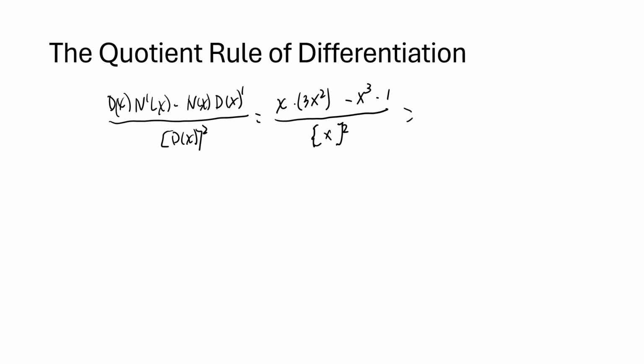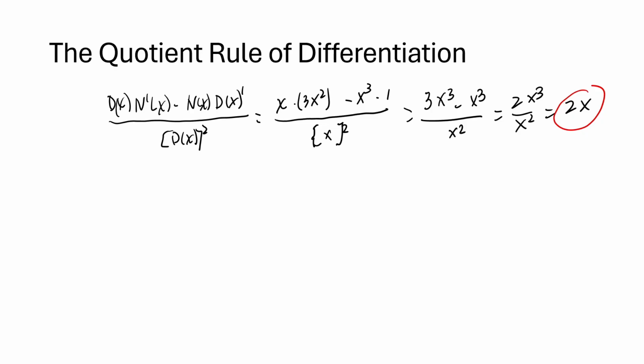So writing that all out, we get 3x cubed minus x cubed divided by x squared. That's equal to 2x cubed divided by x squared, which is just equal to 2x. Okay, that checks. That's just what we just saw. So we did the derivative of basically just x squared two ways and got the same answer. So that's a good thing.